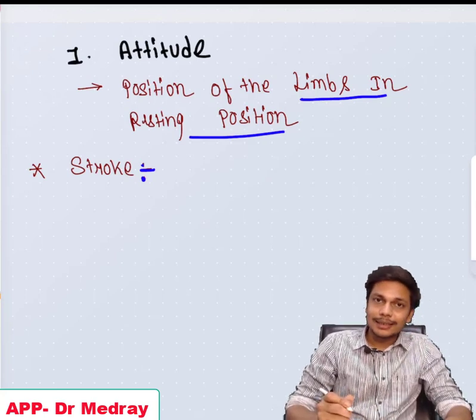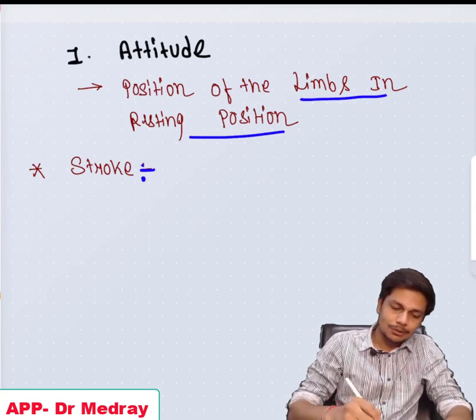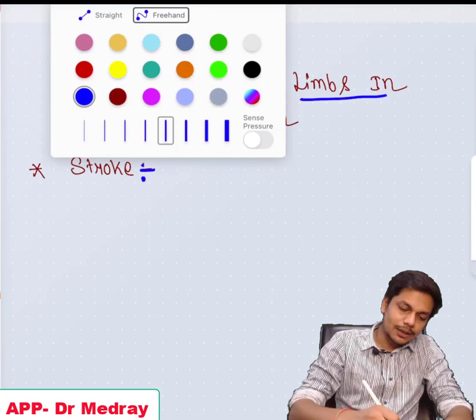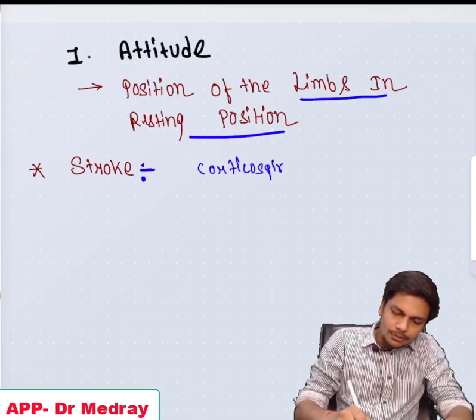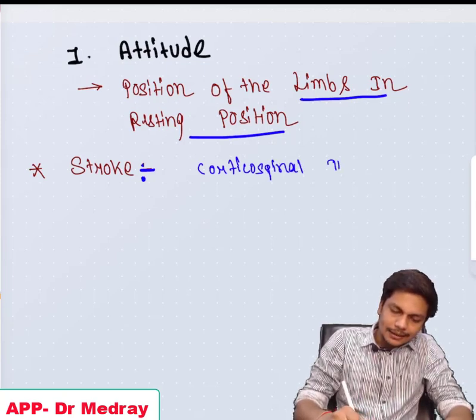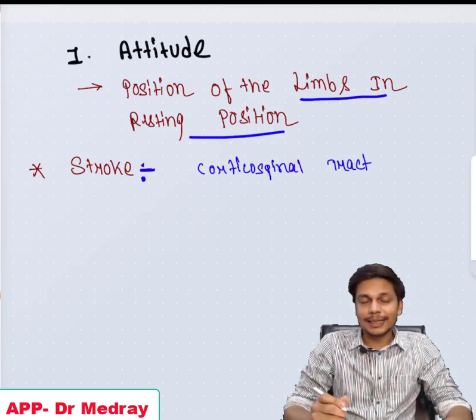as we know, in stroke there is involvement of the corticospinal tract, which originates in the cortex of the brain, descends and crosses in the lower part of the medulla to modulate the function of the lower motor neuron.